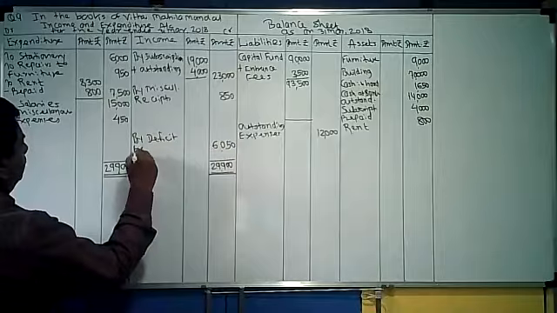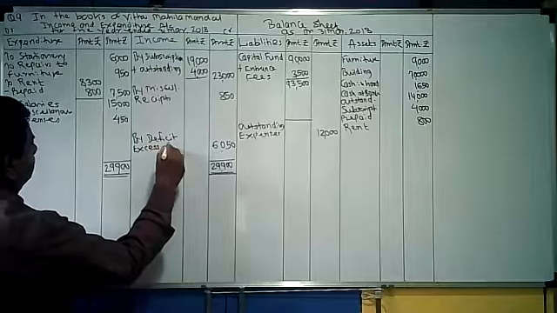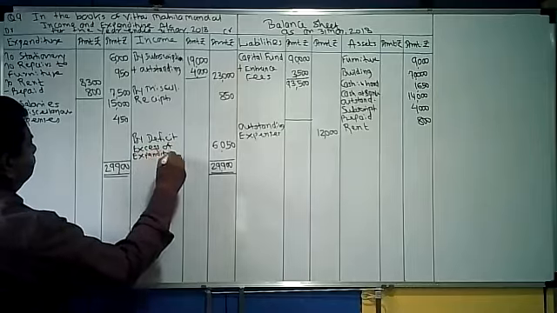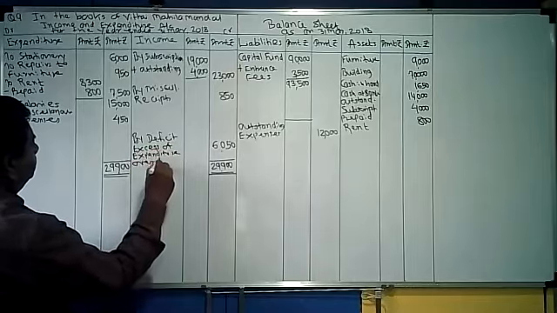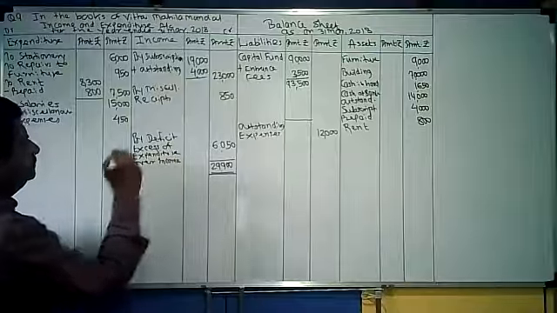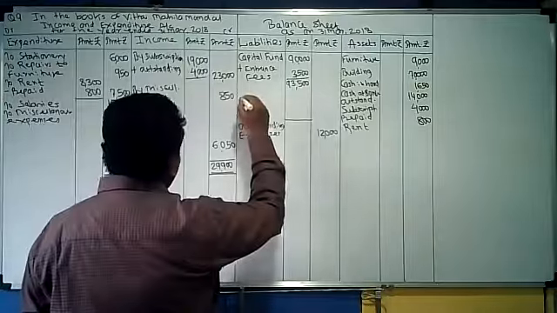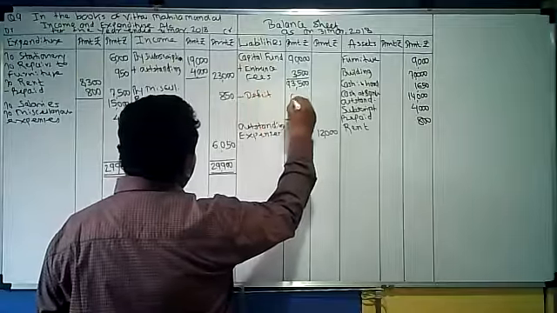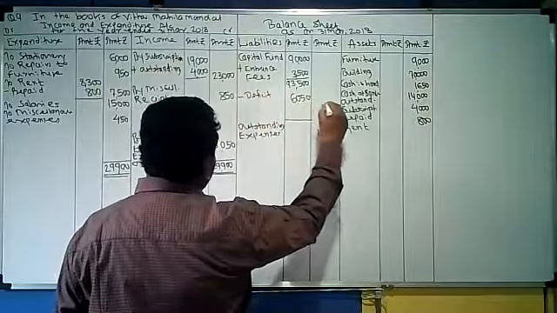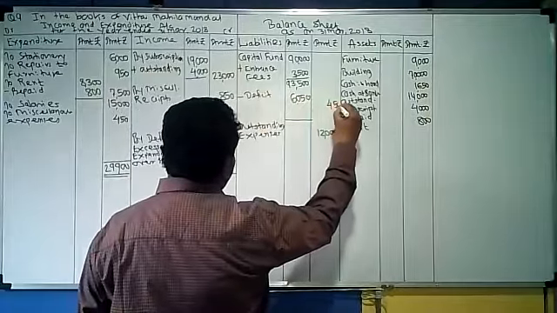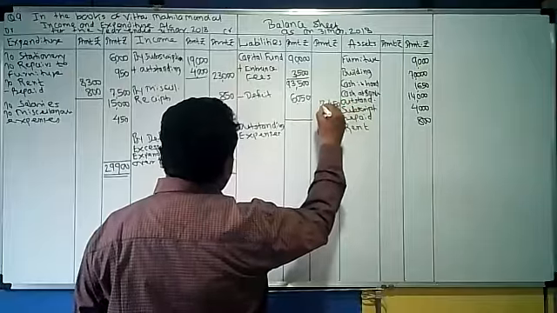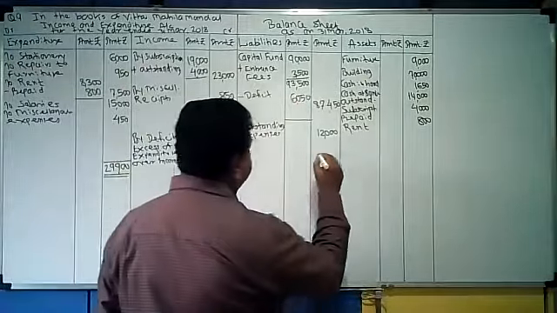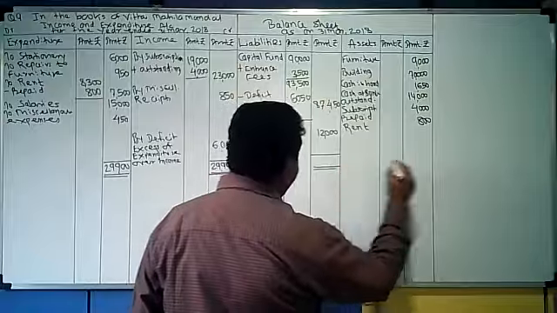That is excess of expenditure over income. So expenditure is more than income. That's why it is called a deficit. And the deficit you have to minus from capital fund. Minus from capital fund. And now make it tally.